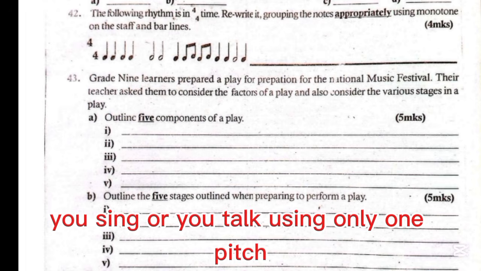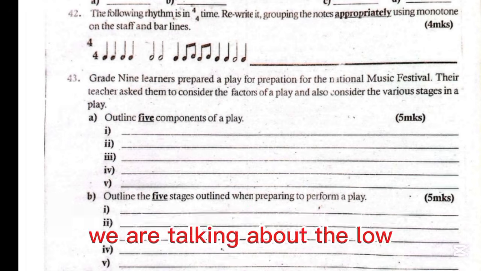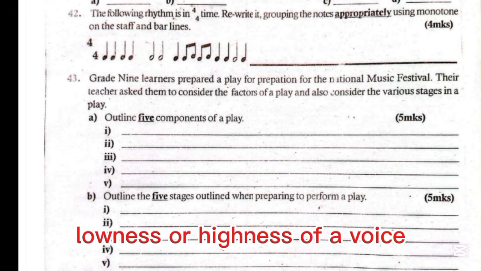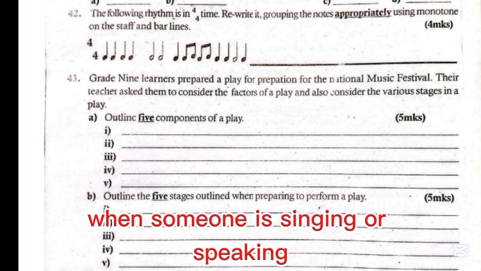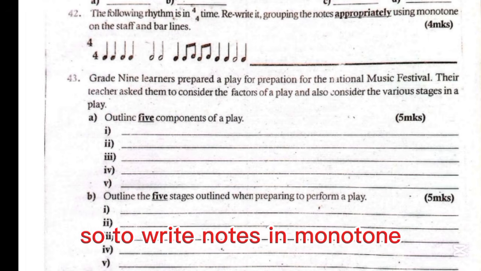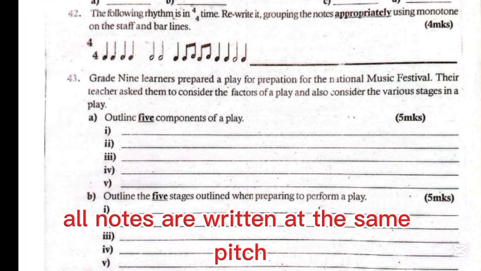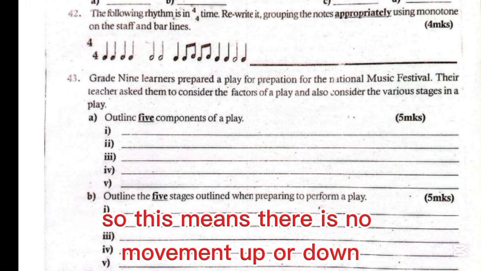And remember, when you talk about pitch, we are talking about the lowness or highness of a voice when someone is singing or speaking. So to write notes in monotone, all notes are written at the same pitch. This means there is no movement up or down in the melody.